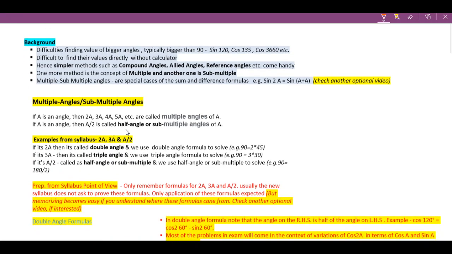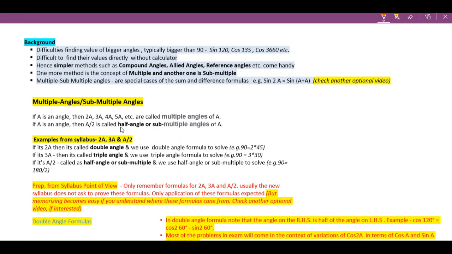I'm going to put out another video, which may not be relevant from an exam standpoint, but if you are interested in knowing where the formulas came from, and there might be a very rare occasion that they ask you about it, I'm going to put an optional video for you, and from an exam standpoint you can feel free to skip it.